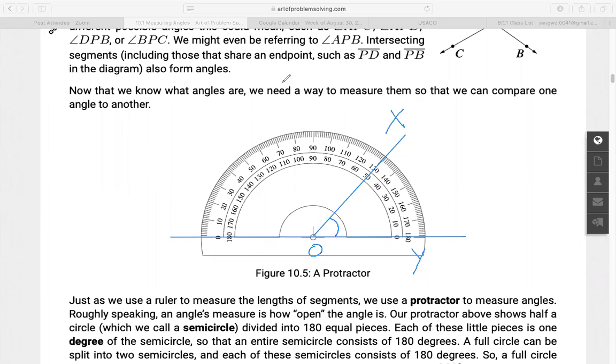So if I draw this angle, what is the size of angle XOZ? Sean, can you tell me how big is angle XOZ?